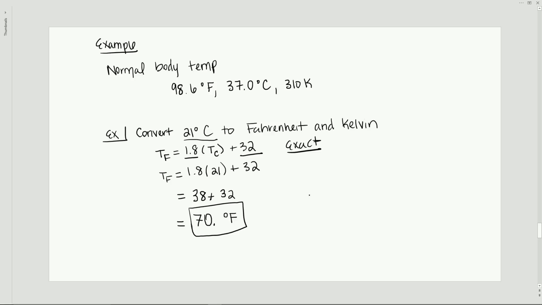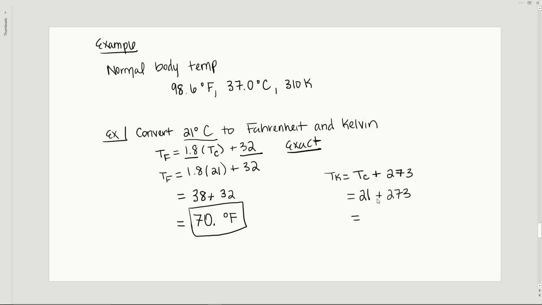So now let's also convert to Kelvin just for some practice. The temperature in Kelvin is equal to the temperature in Celsius plus 273. This formula is really easy to remember, and you will know it quickly if you do any practice problems. So we'll plug in our number that they gave us, the 21 degrees C, plus 273. Again here, we need to look at our sig figs. 273 is a measured number.